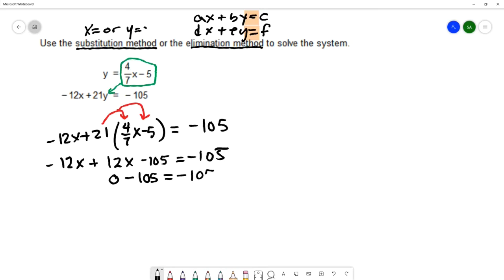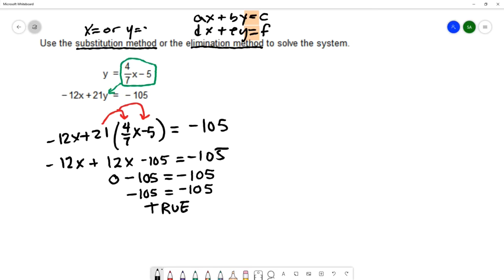And now all of the variables have canceled out. And I end up with this statement, negative 105 equals negative 105. Now that statement is a true statement. So when you have a system where all of the variables end up canceling out, you know that you have a special case of the system.